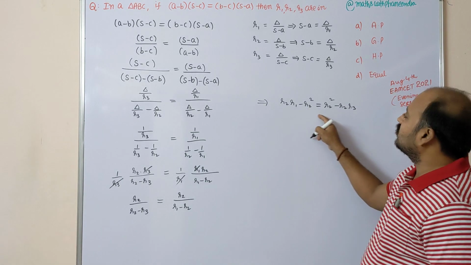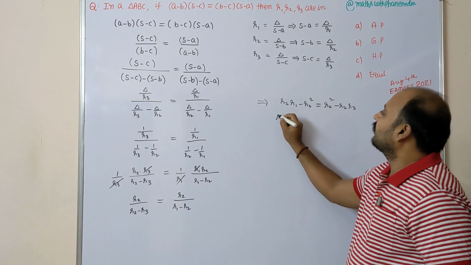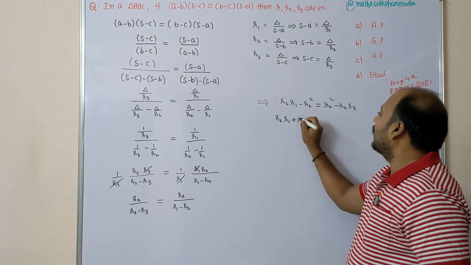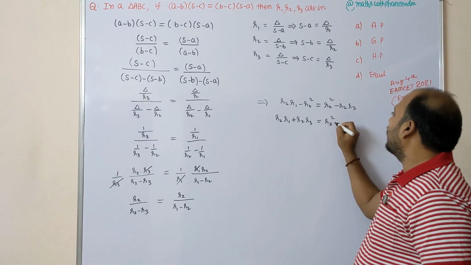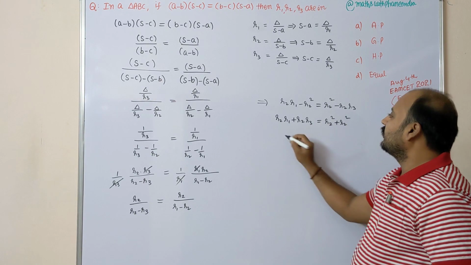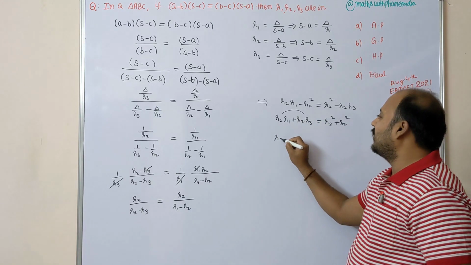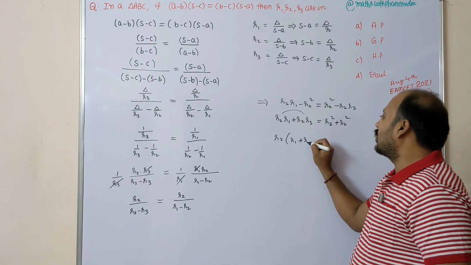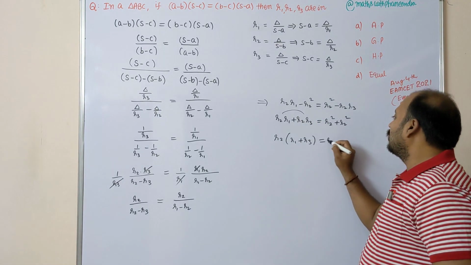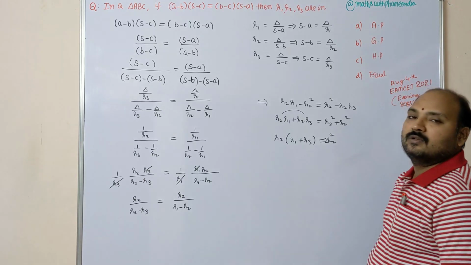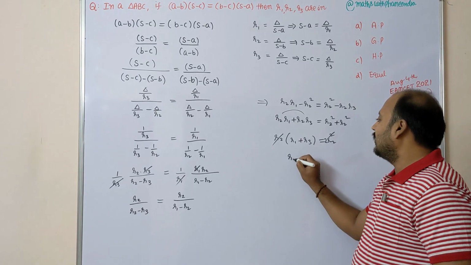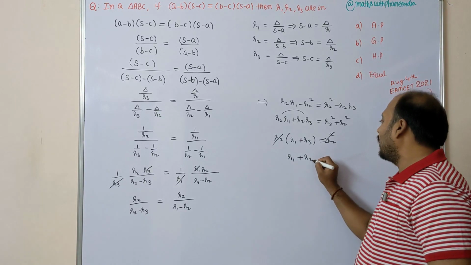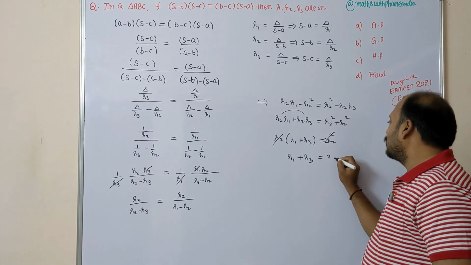Taking minus r2 square to this side, r2 r1 plus r2 r3 is equal to r2 square plus r2 square. Take r2 common: r1 plus r3 is equal to 2 times r2 square over r2. One r2 gets cancelled, and you get r1 plus r3 is equal to 2 r2.